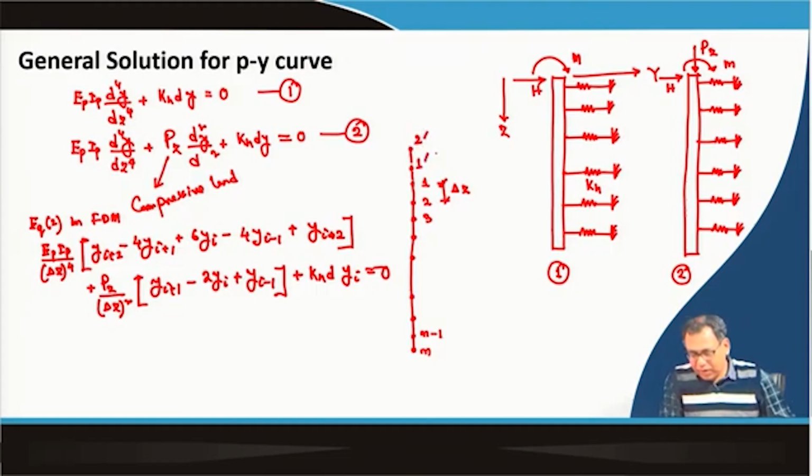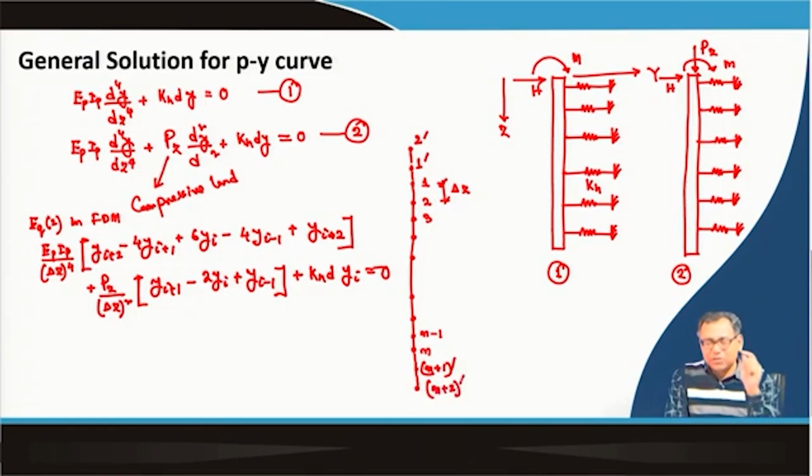Now for node numbers 3 to n minus 2, you can apply these equations, no issue, no imaginary nodes will be required. But here also there will be n plus 1 dash and n plus 2 dash. So, 1 dash, 2 dash, or n plus 1 dash, n plus 2 dash, these are the imaginary nodes.